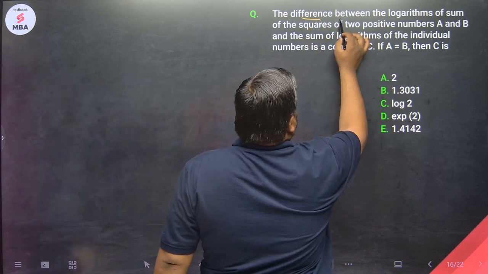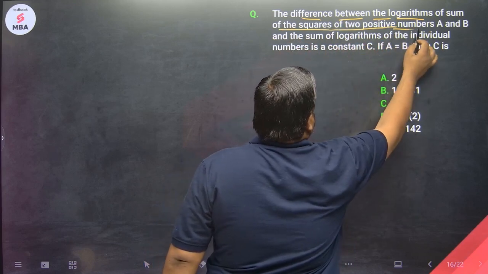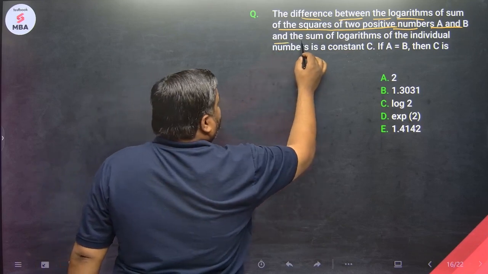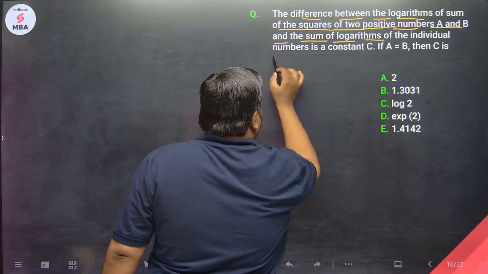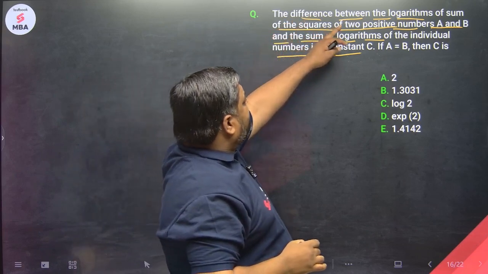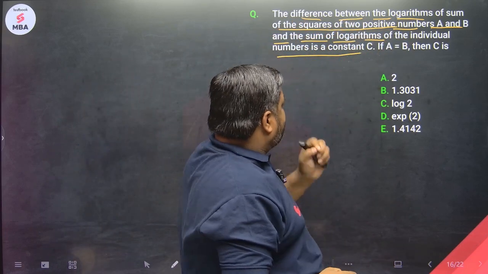The difference between the logarithms of sum of the squares of two positive numbers a and b and the sum of logarithms of the individual numbers is a constant c. The difference between the logarithm of sum of the square of two positive numbers a and b.